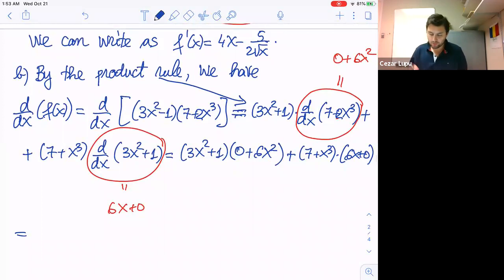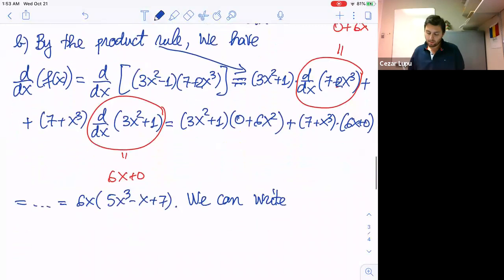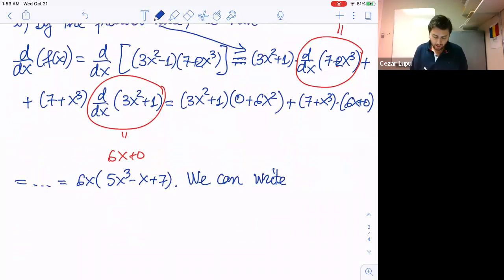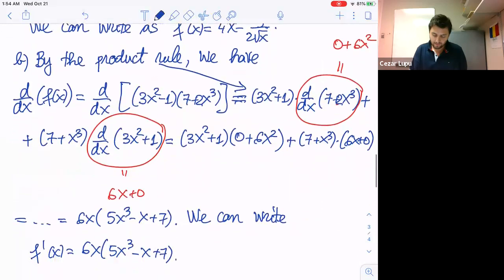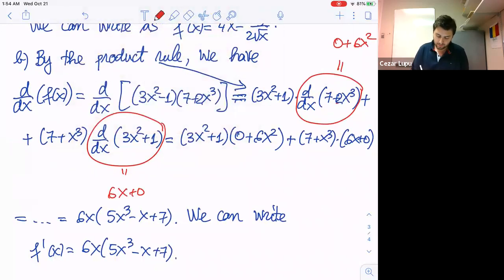At the end of the day, once you do the algebra, I'm just going to skip it directly, so I'll leave this to you as a computation to figure out. This will be nothing else than just 6x times 5x cubed minus x plus 7. So we can write f prime of x is 6x times 5x cubed minus x plus 7. So this is how we're going to find the derivative of this guy.